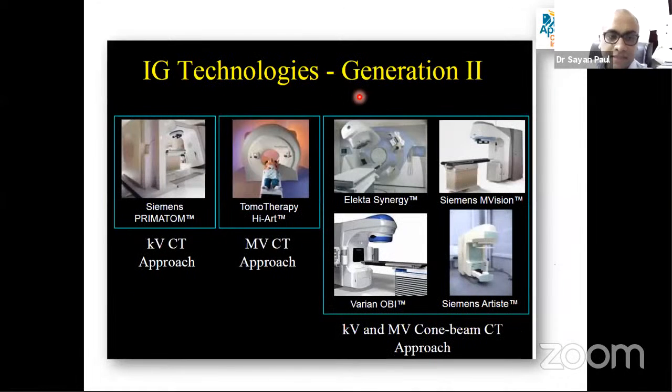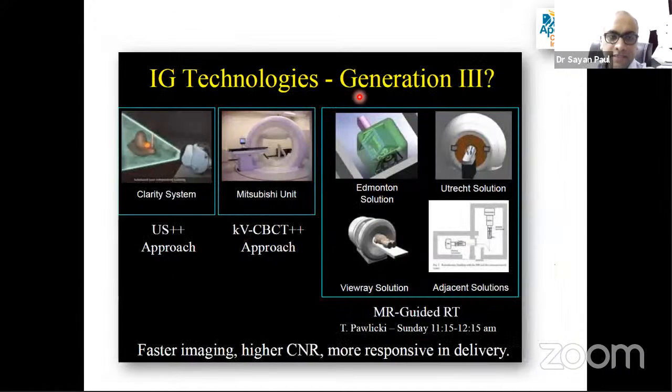Then in the second generation, KVCT, where you put a CT scan machine inside the treatment room, or MVCT, megavoltage CT scan like the tomotherapy, or KV and MV cone beam CT scan, like our Elekta Synergy machine or Varian onboard imagers. And the third generation may be this ultrasound approach called the Clarity System, a KV CBCT approach, Mitsubishi, and MR guided. I will not touch on these third generation image guidance technologies. I will mostly confine to first and second generation.